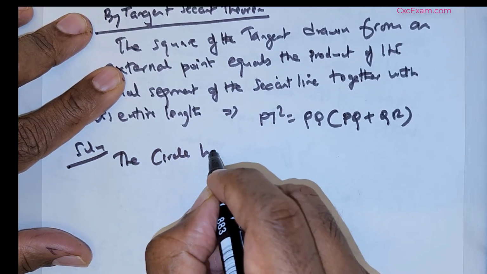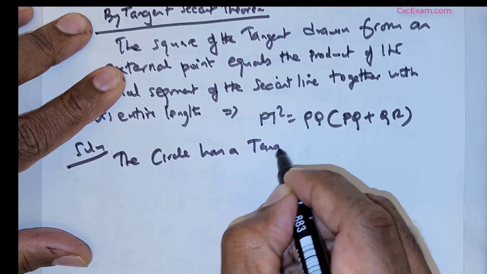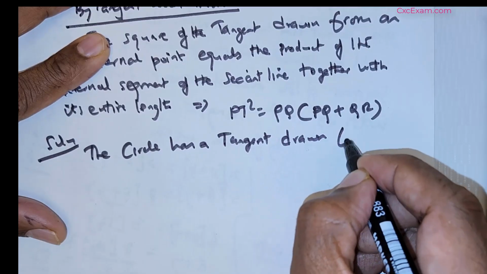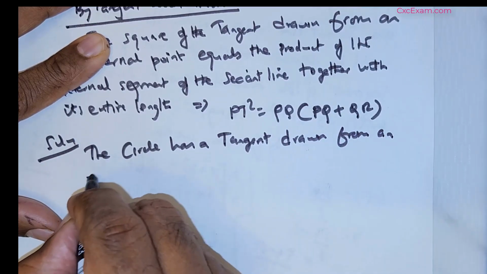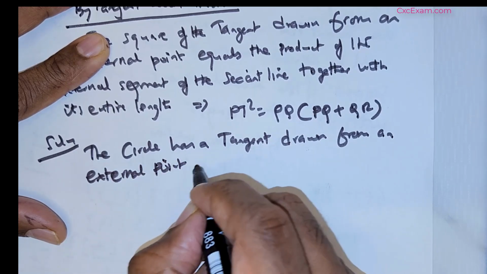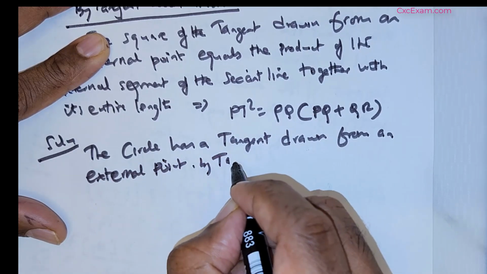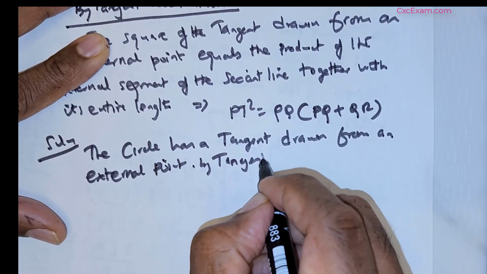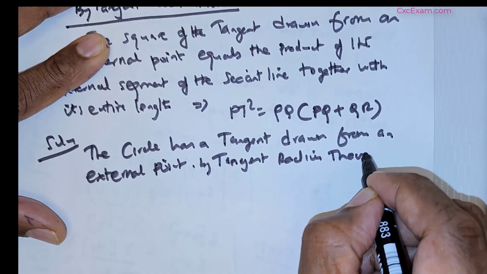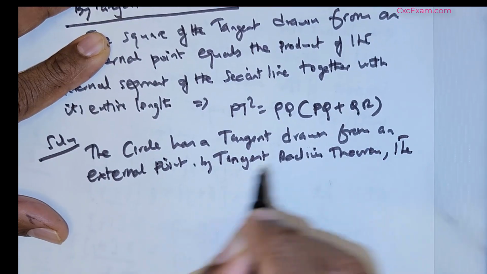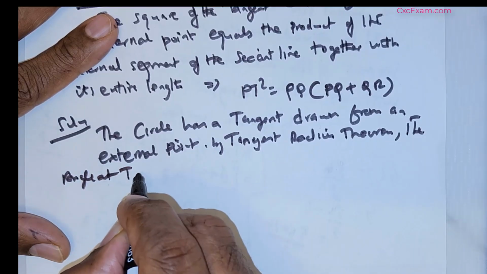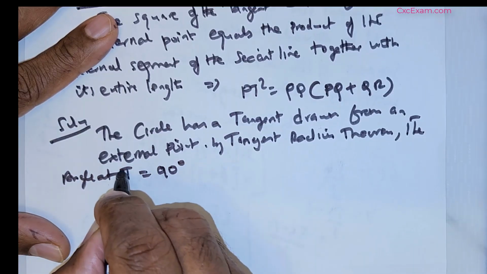The circle has a tangent drawn from an external point. By the tangent radius theorem, the angle at T is equal to 90 degrees.